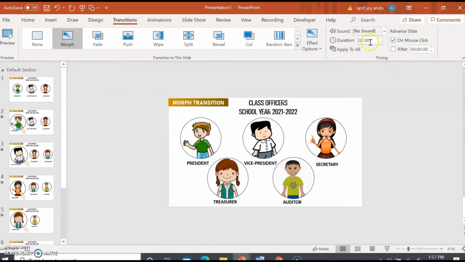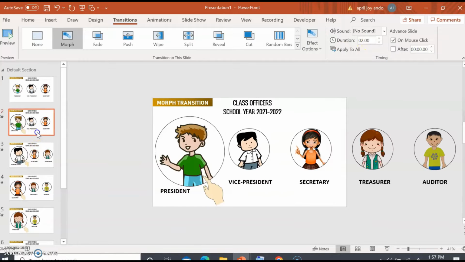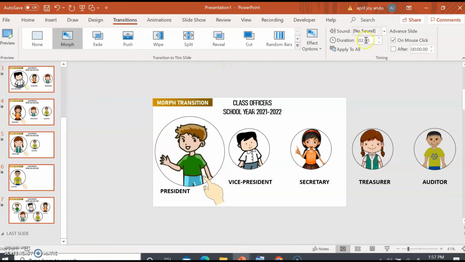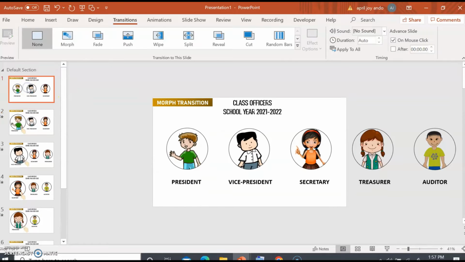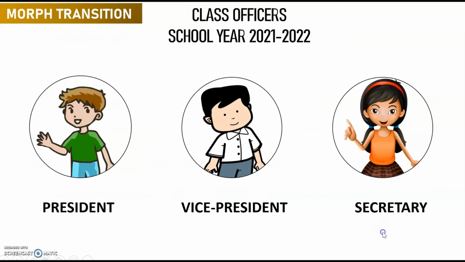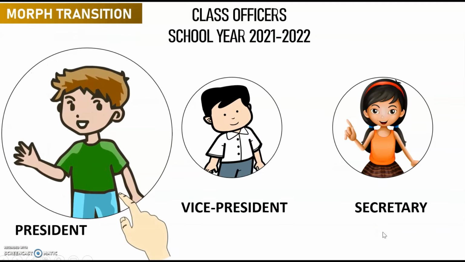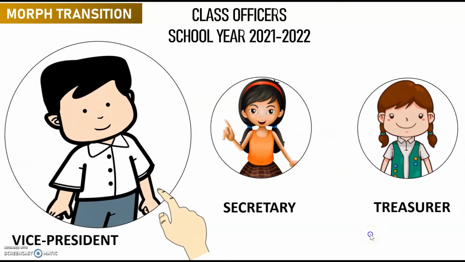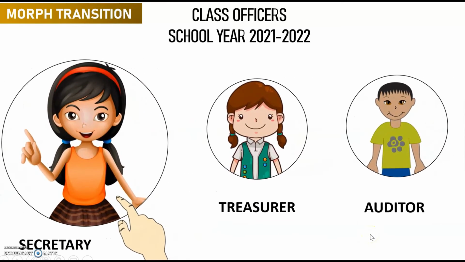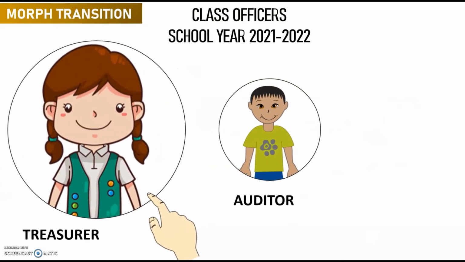You can adjust the time if you like. Let me just select that. Okay, and adjust it to 1.5, say for example. So from the top, let's go to the slideshow. This one is the president, then the vice president, secretary, and treasurer.